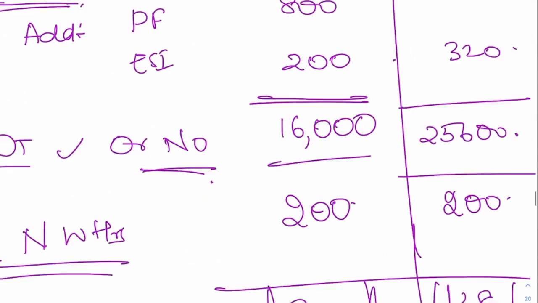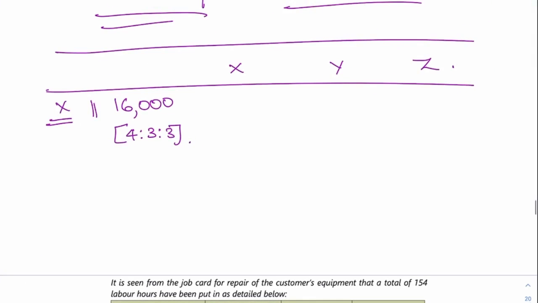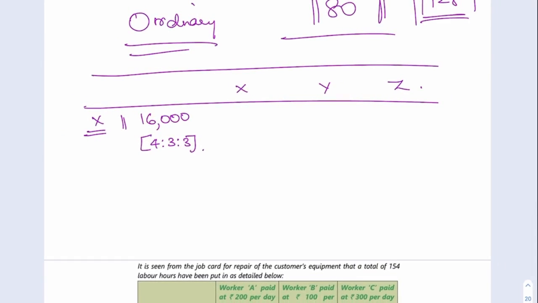So, if I take X, Y, Z, my A's salary of 16,000, whatever is his cost, has to be divided in the ratio of 4:3:3. Guys, I am not calculating anything, it's given in the question, I am just dividing it. Yes or no? So this will be 6,400, 4,800 and 4,800. Then overtime cost, we calculated it as 1,500.